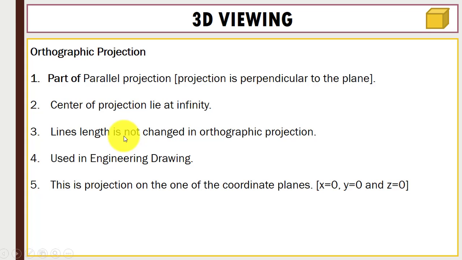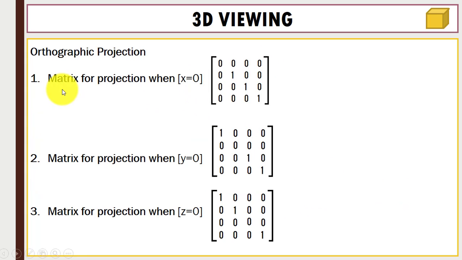You can see the line length is not changed in this projection, and this is used in engineering drawing. And you can see this is projection on one of the coordinate planes where we have x is 0, y is 0 or z is 0. Same as we did in the rotation. When we rotate the object along the x-axis, then the x coordinate remains unchanged.